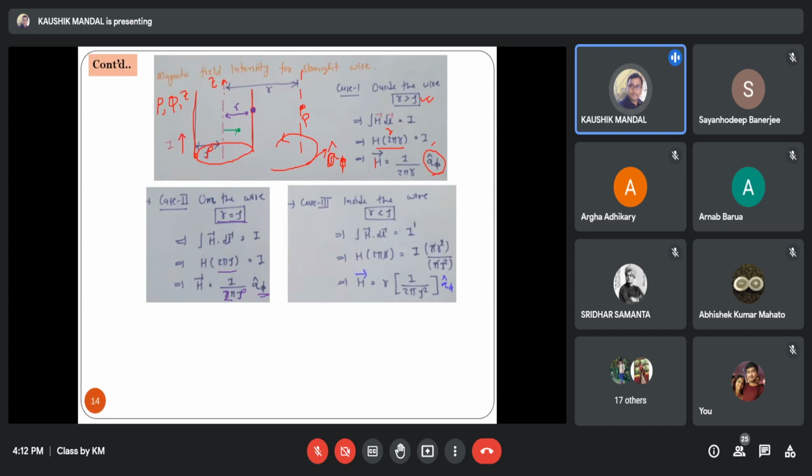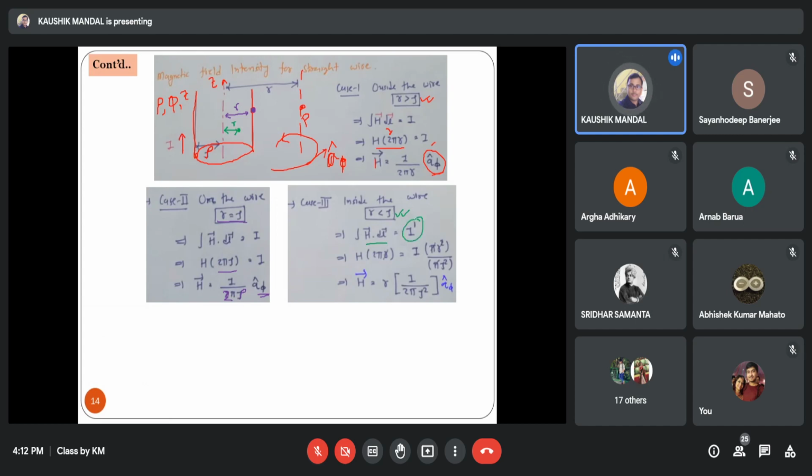Now that is your r. That means in the third case, r is less than rho. So what will be the H dot dl? Obviously H dot dl will not be equal to I, rather it will be something different.